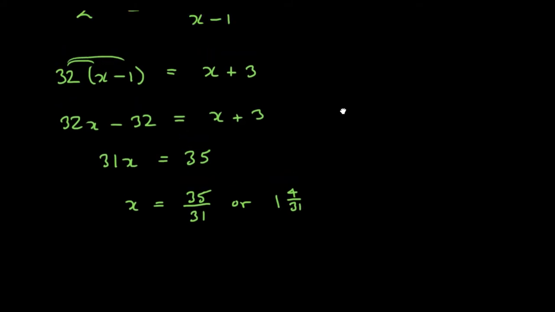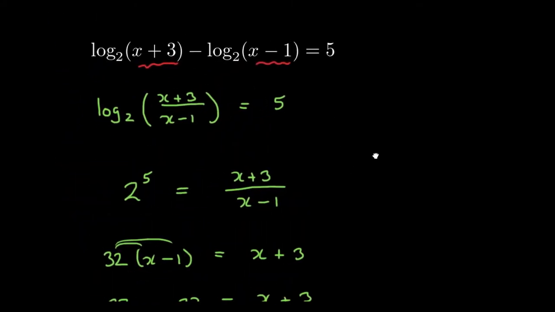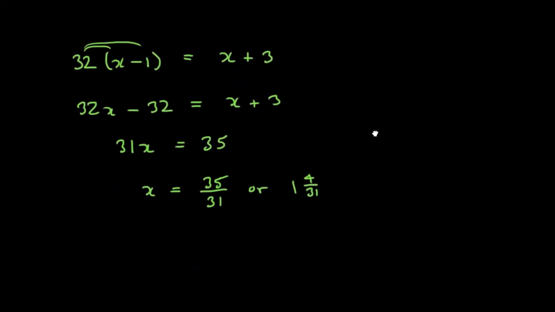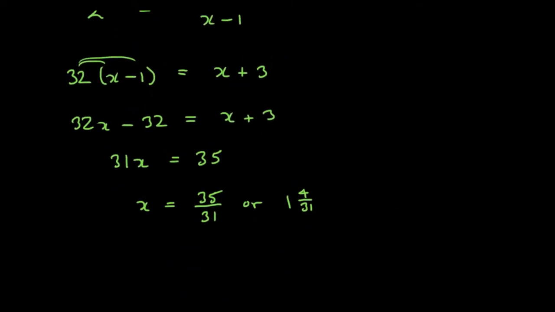Now that's going to be important to keep in mind, because when we go up here and I put a number a little bit bigger than 1 here, I don't encounter any negatives. And if I put a number slightly bigger than 1 here, I don't encounter any negatives, or of course 0, in either log. So our answer is 35 divided by 31. Or of course you could opt for the mixed fraction there, or even a decimal if you wish for your final answer.